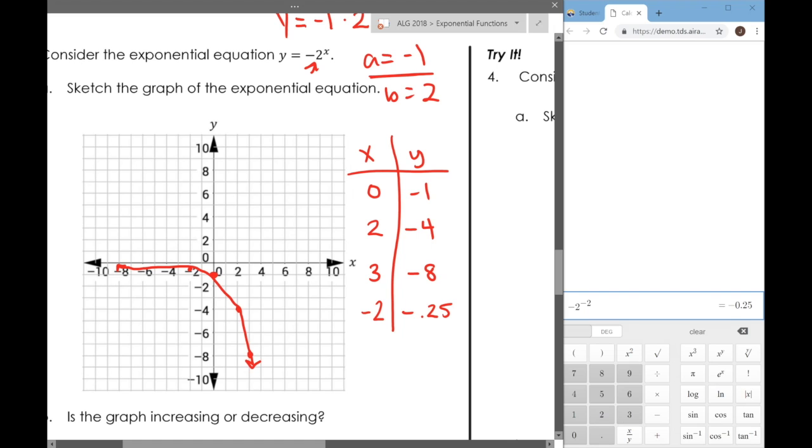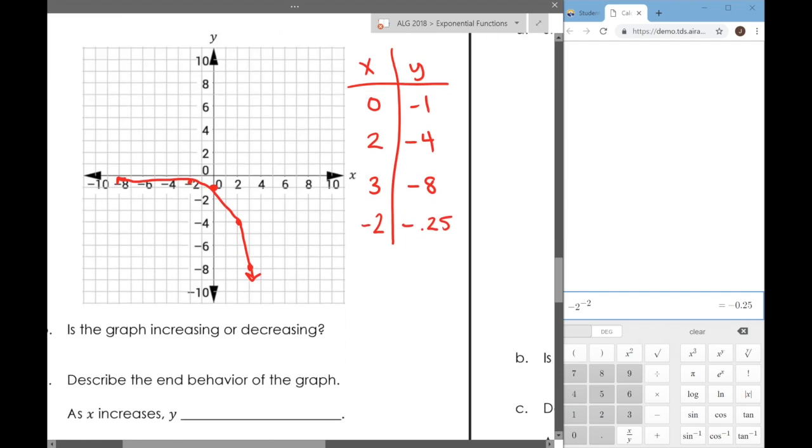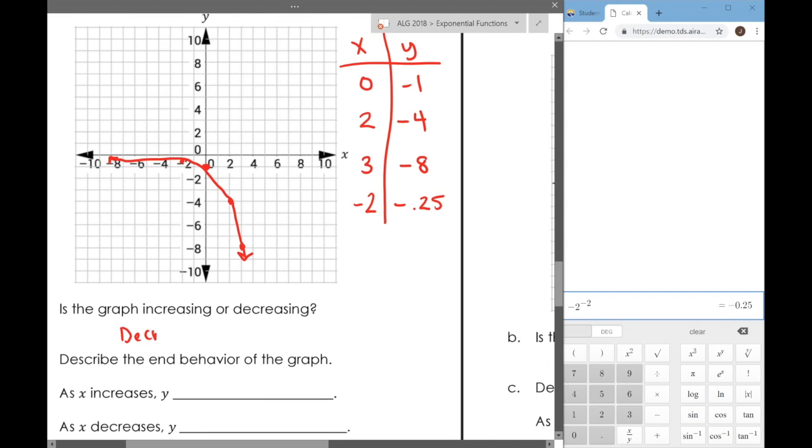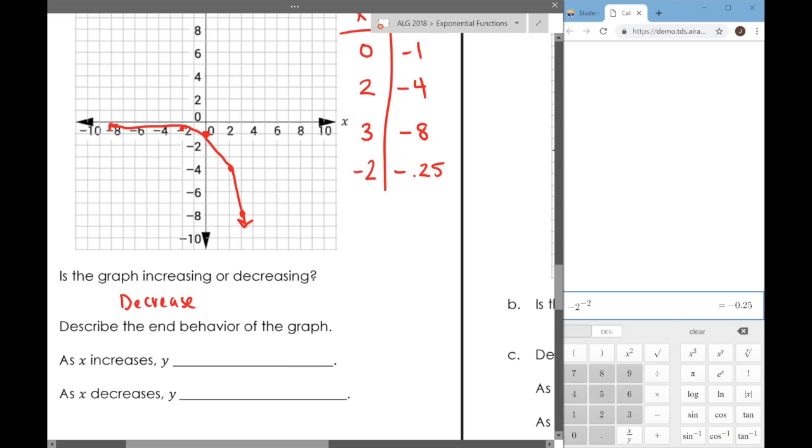Okay, as you can tell, this graph is totally flipped onto the other side. So, is the graph increasing or decreasing? Well, that's pretty easy. We can all tell that this is decreasing because the entire graph is on the negative end. Okay, so as x increases, so as my x numbers increase, what happens to my y's? Well, they start to decrease. So as my x numbers get bigger, my y numbers get smaller.